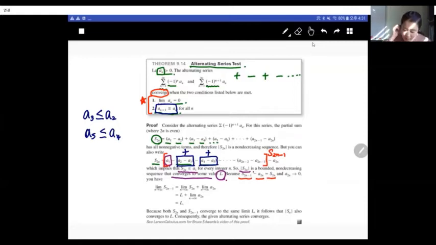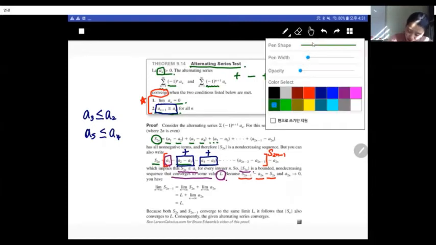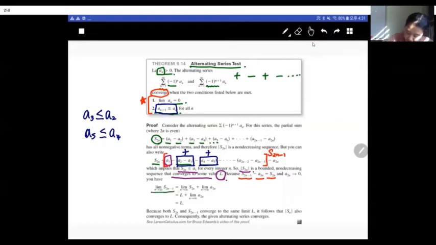Let's add limits here. The limit of S_2n equals the limit of S_(2n-1) plus the limit of a_2n. We know that the limit of S_2n converges to L, and we know that the limit of a_2n converges to 0.